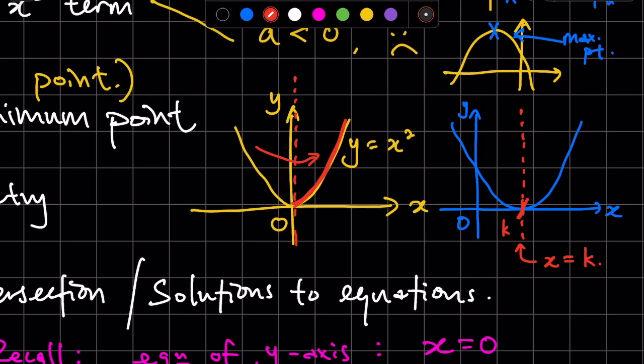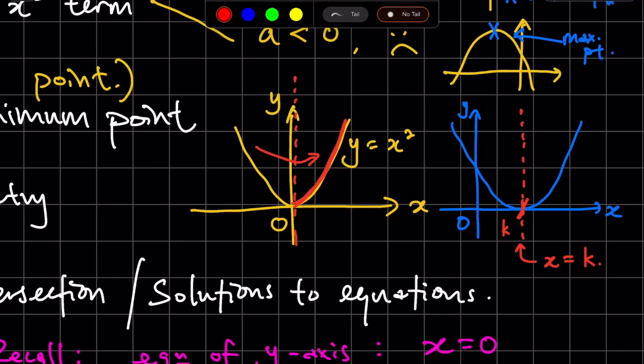Let's try to understand this a little bit deeper. What does x equals k tell us? It tells us that this line is simply a collection of every single point on your xy plane where the x coordinate is equal to k, a certain number.